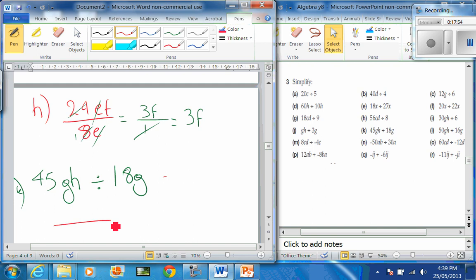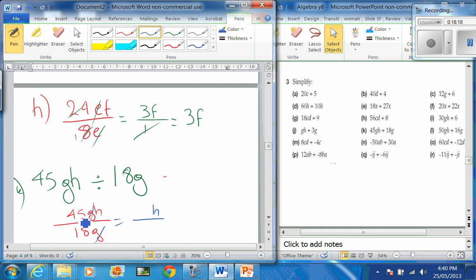Okay? And what do I write on top? 45GH and underneath 18G. What's the easiest to get rid of? I know you knew it. 3. So I still have fraction line. I have my H because the G is gone.